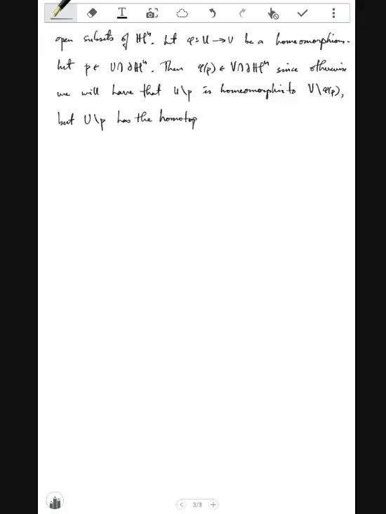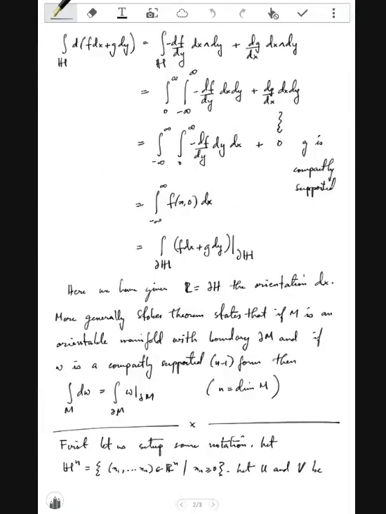Since otherwise we will have that U minus P is homeomorphic to V minus phi of P, but U minus P has the homotopy type of a point, while V minus phi of P has the homotopy type of a sphere. So throughout we will assume that n is greater than or equal to 2.